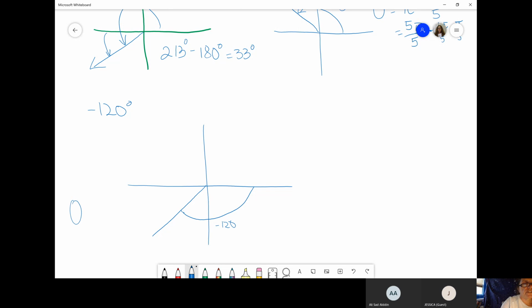So what is the reference angle? 180 minus 120, which is 60 degrees. And this is this piece right here. There you go.